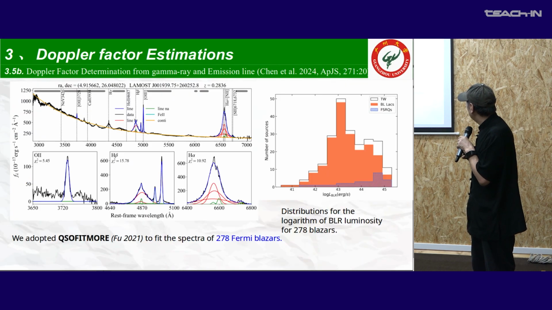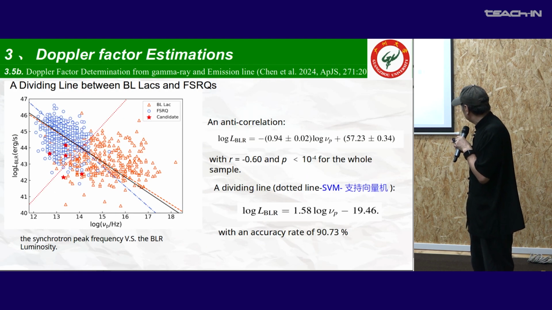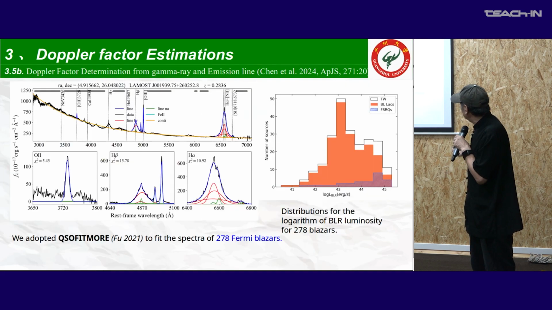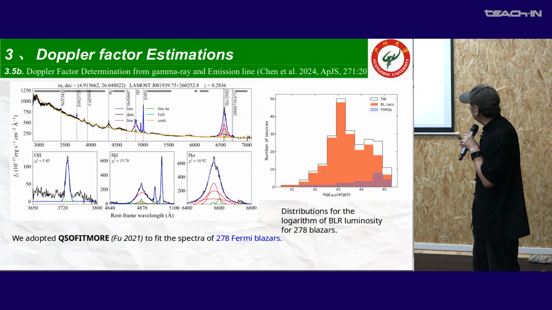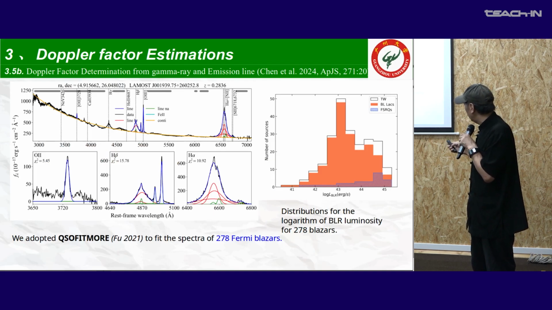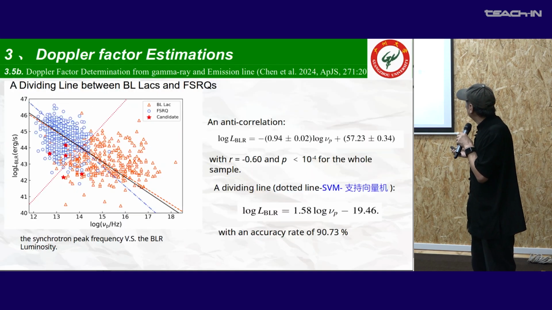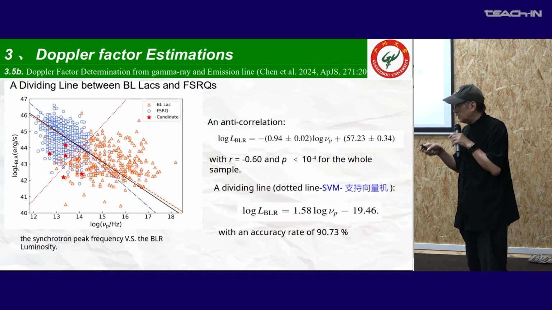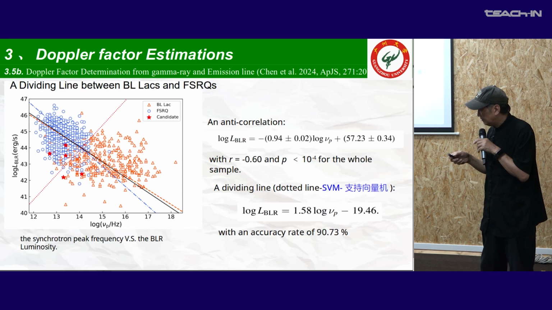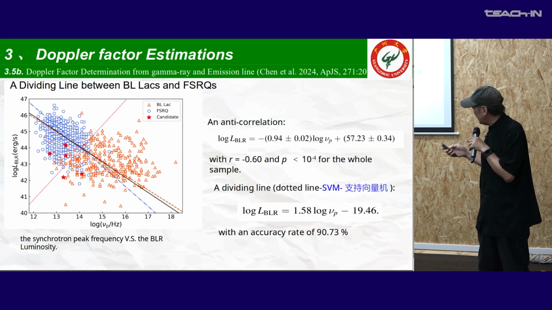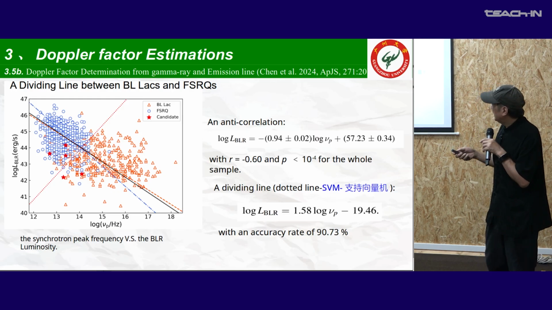And we get the luminosity. Yeah, this is the luminosity distance distribution for our cross-checked blazar sources, and we get their luminosity in the gamma ray band, and we can estimate the Doppler factor.